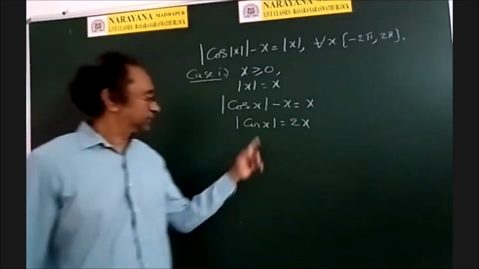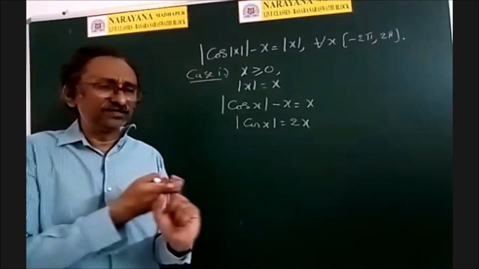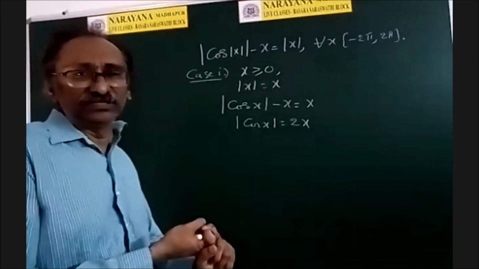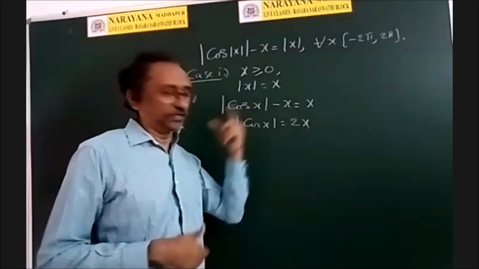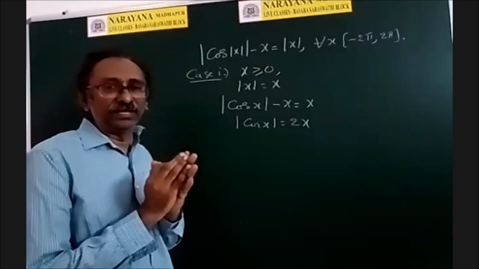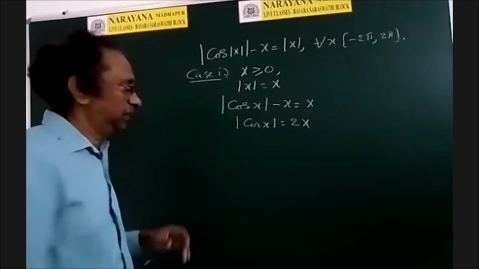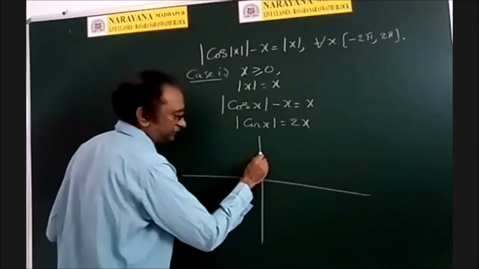See, this is a trigonometric function. This is an algebraic function. So we cannot solve a trigonometric function equal to an algebraic function. If an equation contains both trigonometric functions and algebraic terms like x, x square, and so on, the only way to do the problem is graphs. Okay, and now we draw the graphs. So this is the graph of cos x.